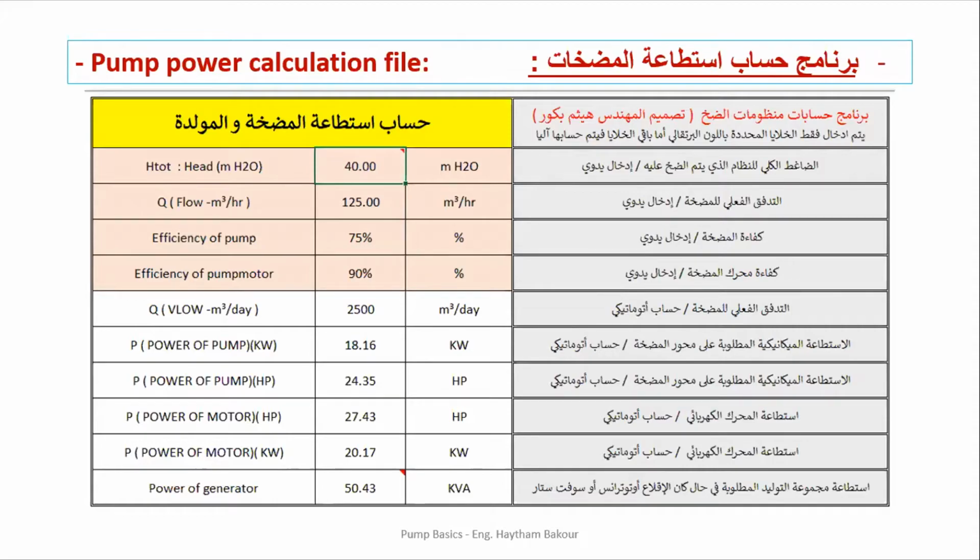The vertical one has its own power horse and watt, while the other one does not. They are similar, but it's based on the available space. For a bigger flow rate, it is preferred to use horizontal. For a lower flow rate, we prefer to use the vertical one. And we are going to talk about the pros and cons. Do you have any other questions? Thank you very much.